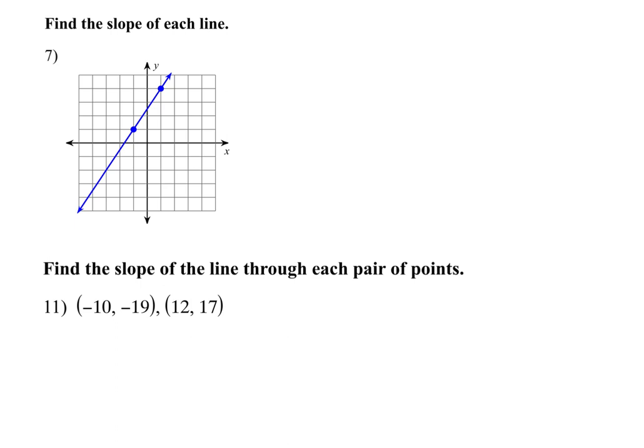My numerator is represented by how far I go up or down. That's my numerator. My denominator is how far I go left or right. It actually doesn't matter which point you start at, because it's going to either be positive, positive, or negative, negative in this case, because it's going to be a positive slope.